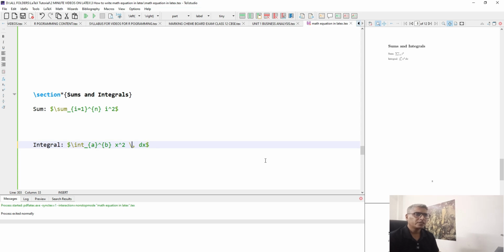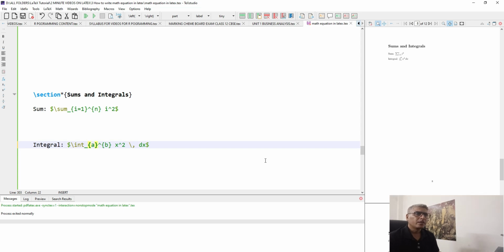So here we have written slash int, and we have used underscore for the lower limit, and you have to use these curly brackets. Always remember this. Here we are using only a, so if we remove this curly bracket, even then this is going to work for us. But if you are using two numbers here, then it is going to show you an error.